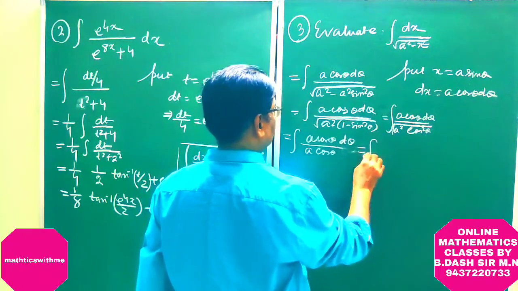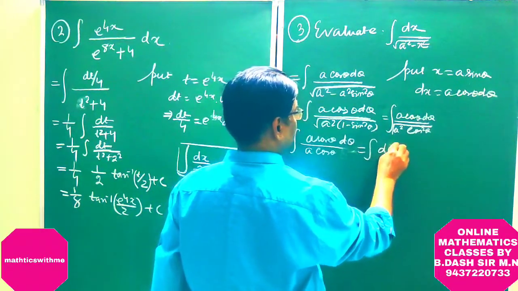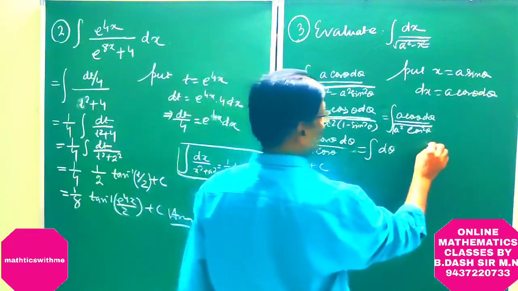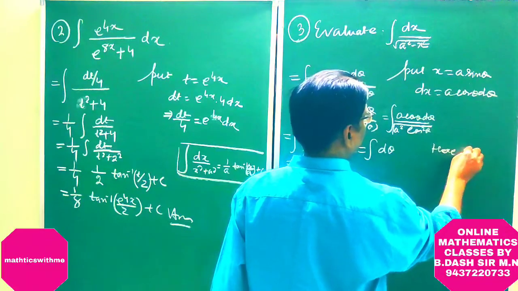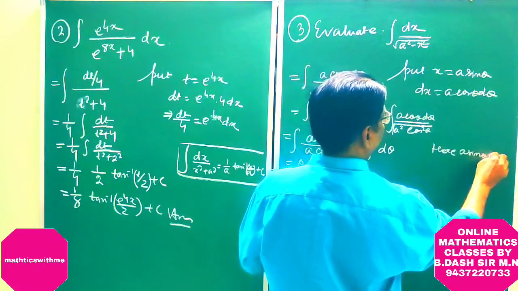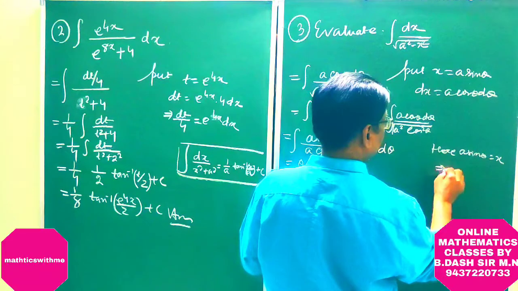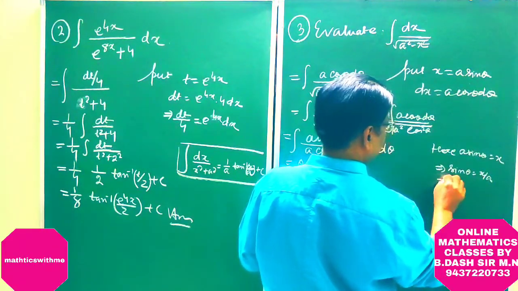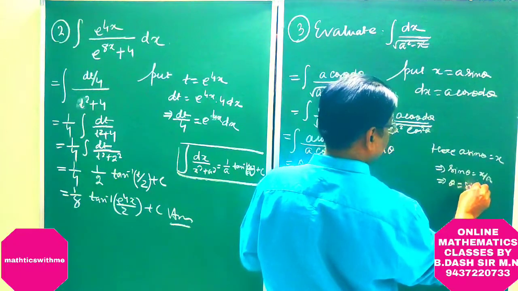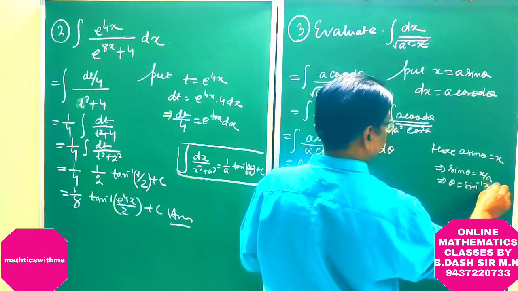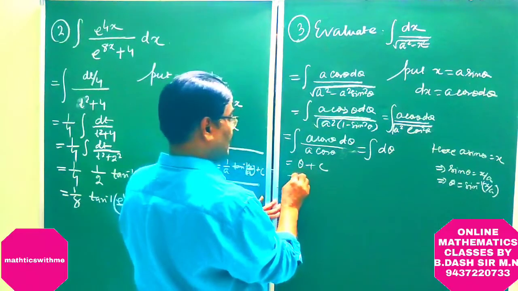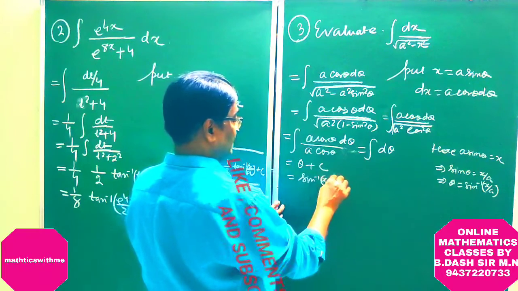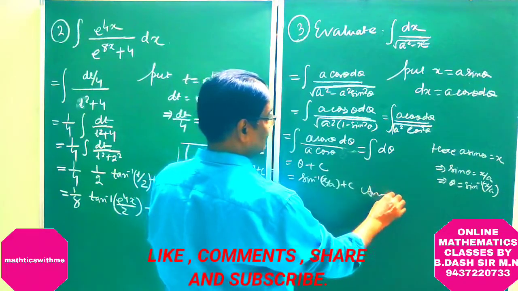So this is equal to integration of d theta, which is theta plus c. Here a sin theta is equal to x, sin theta is equal to x by a, theta is equal to sin inverse x by a. Now putting the value here, we get sin inverse x by a plus c. Answer.